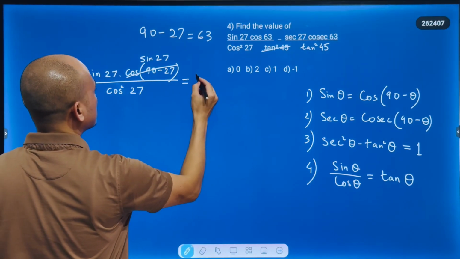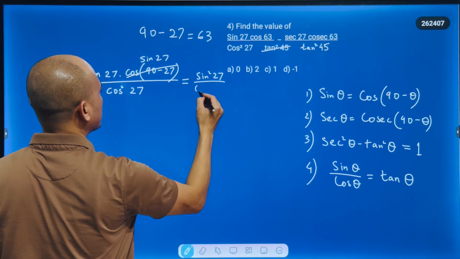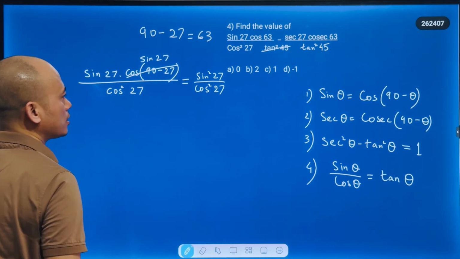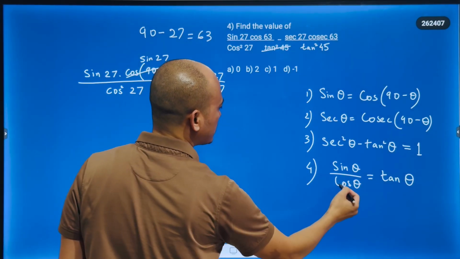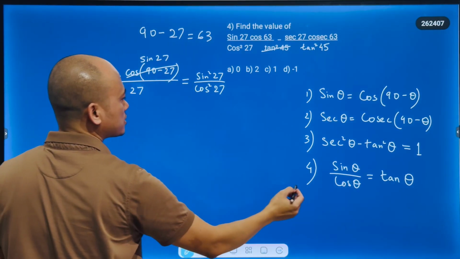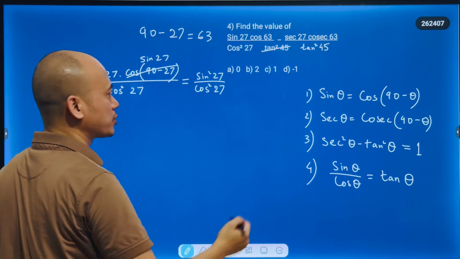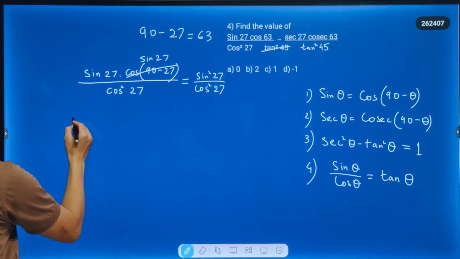So this becomes sin square 27 by cos square 27. So this is sin theta by cos theta, that means sin square theta by cos square theta, which will be equal to tan square theta. So this part becomes tan square theta.